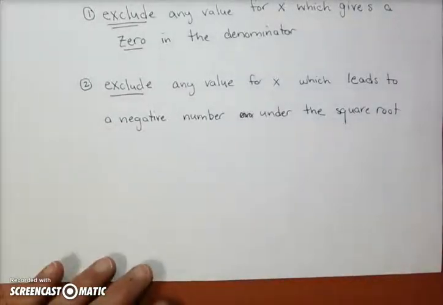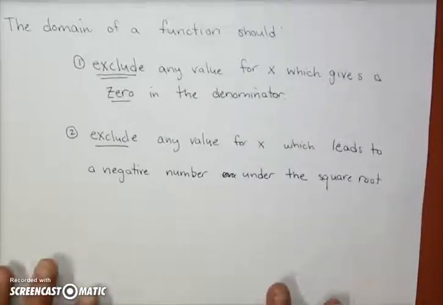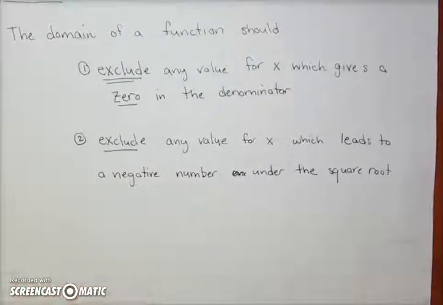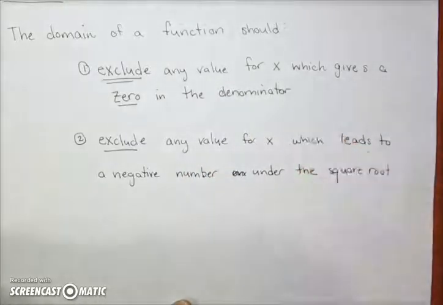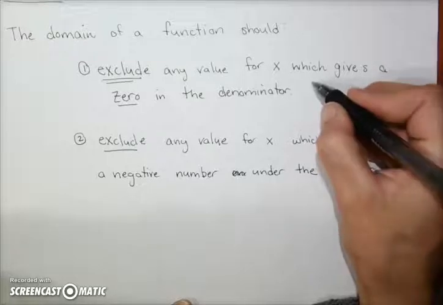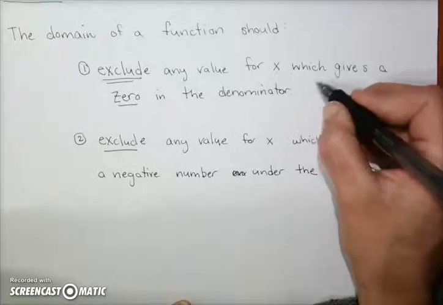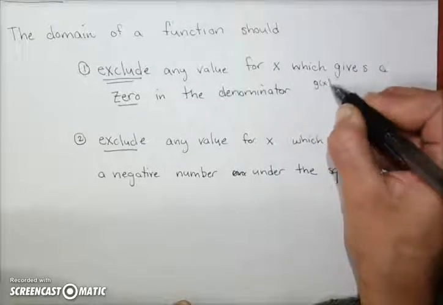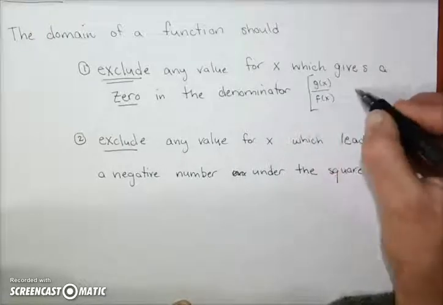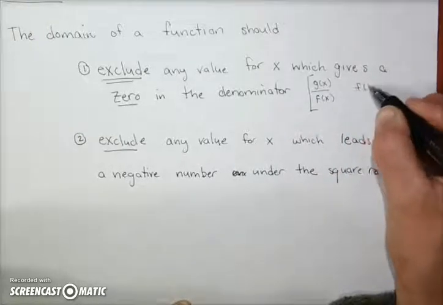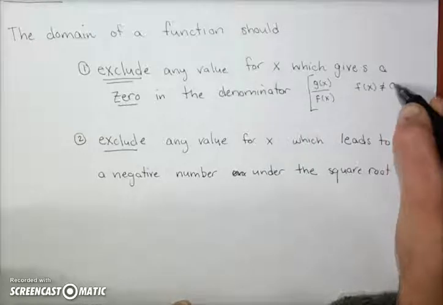Okay, so here are some rules that will help us remember how to find the domains of functions. So we want to exclude any value for x which gives a 0 in the denominator. Anytime we have a denominator, you could think of this as one function over another function. We need f of x, the denominator function, to not equal 0.